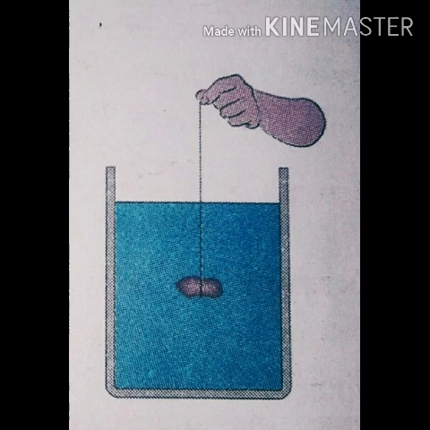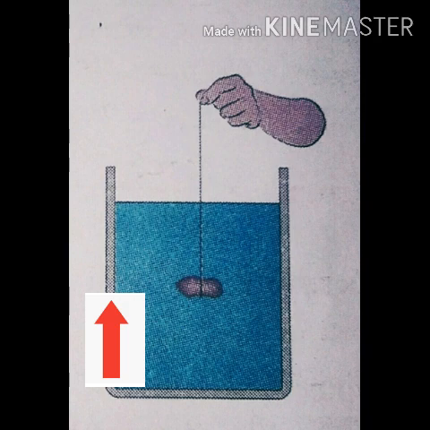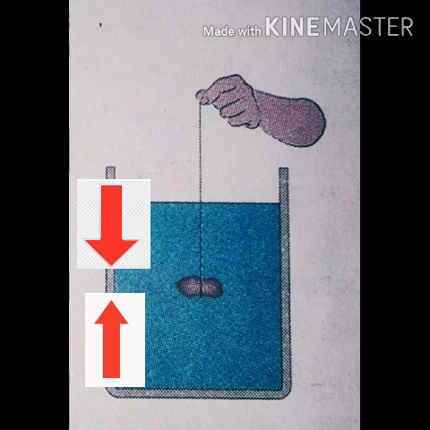Here, when the stone is sunk in water, a buoyant force acts on it in the upward direction, and the weight of the stone acts downwards. Therefore, the force which acts on it in the downward direction is effectively reduced. And because of this, the length of the rubber band became shorter in water.